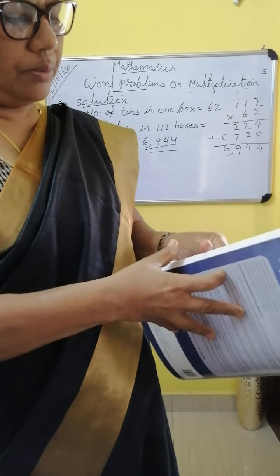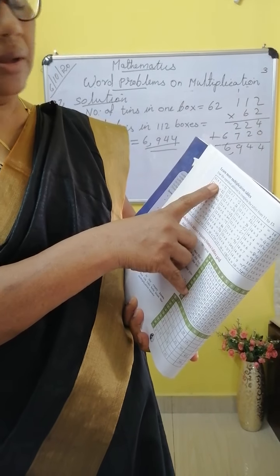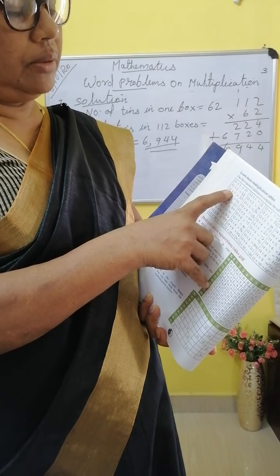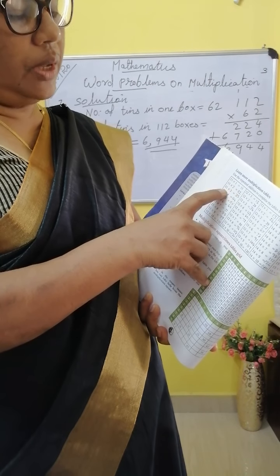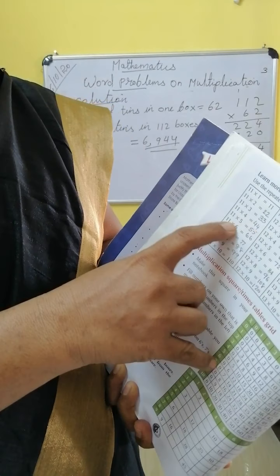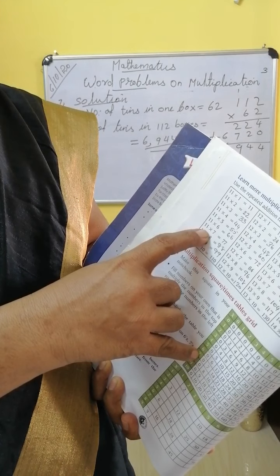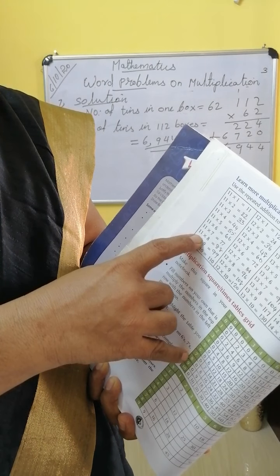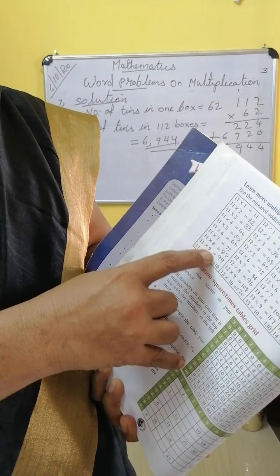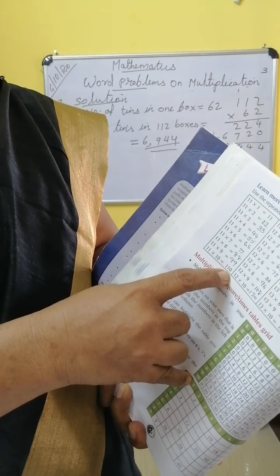Then here it is, multiplication tables. 11 ones are 11, 11 twos are 22, 11 threes are 33, 11 fours are 44, 11 5s are 55, 11 6s are 66, 11 7s are 77, 11 8s are 88, 11 9s are 99, 11 10s are 110.